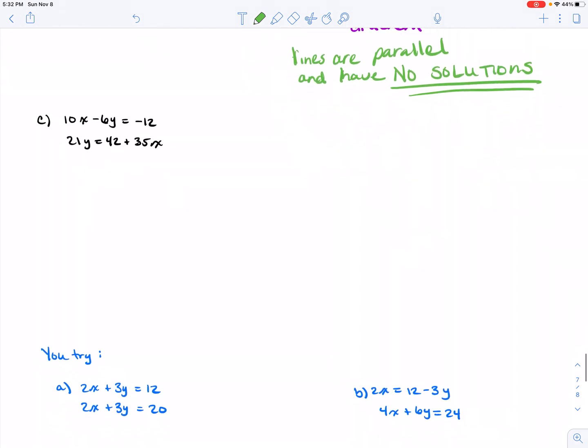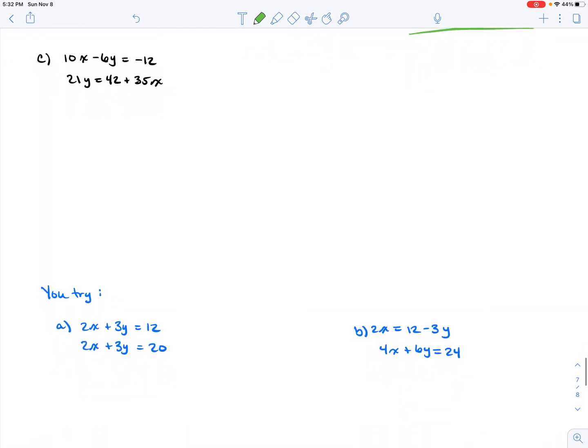Let's look at this third example. I have 10x minus 6y equals minus 12. I have 21y equals 42 plus 35x. So again, step one, rewrite. So I have minus 6y equals minus 12 minus 10x.